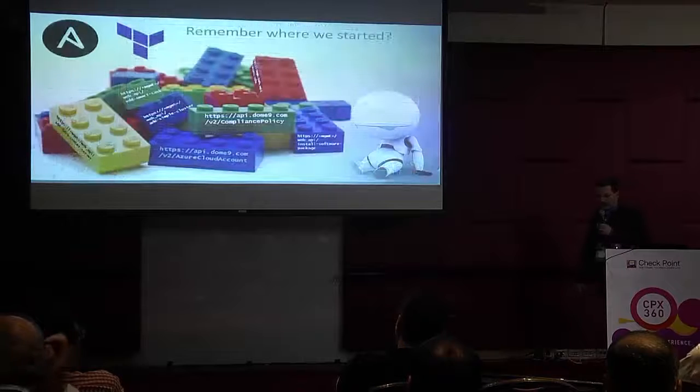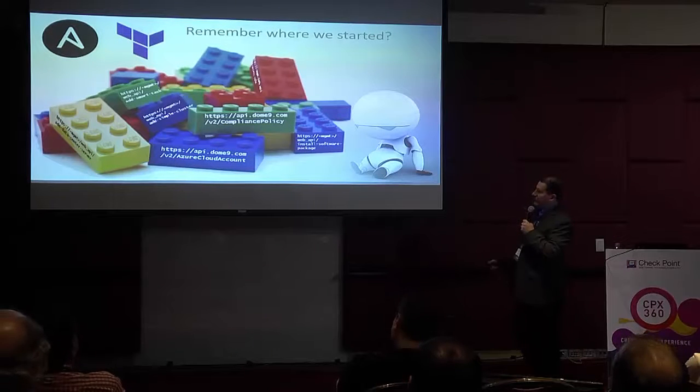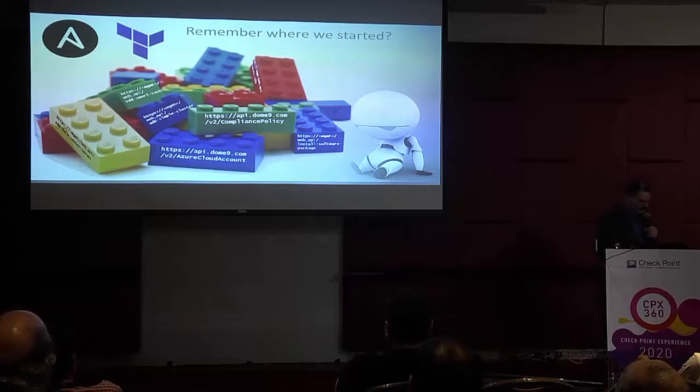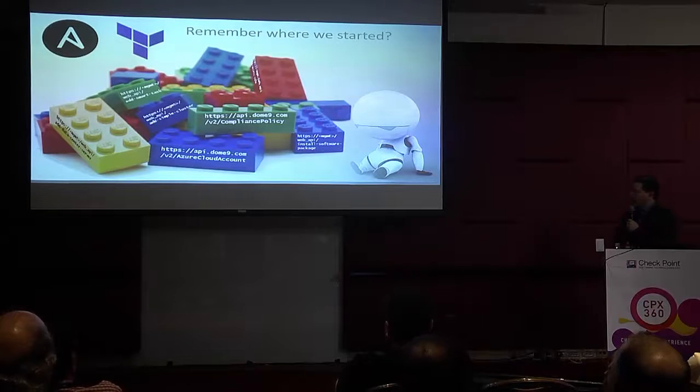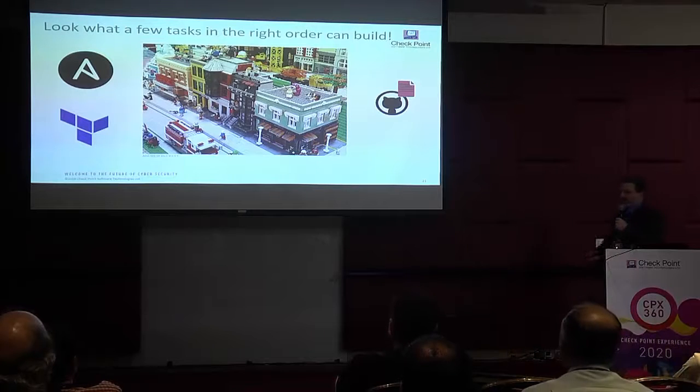So again, remember where we started. We had this pile of Lego bricks, and each one of these is a specific task, made to do one specific thing. And look what we can build, right? We can build a city. We could build a Millennium Falcon maybe.